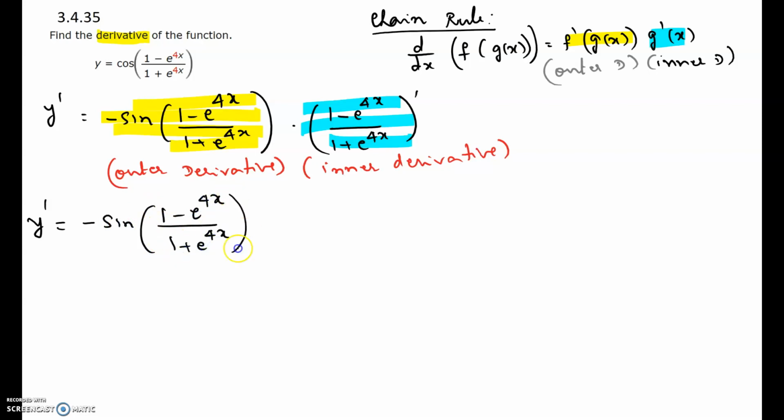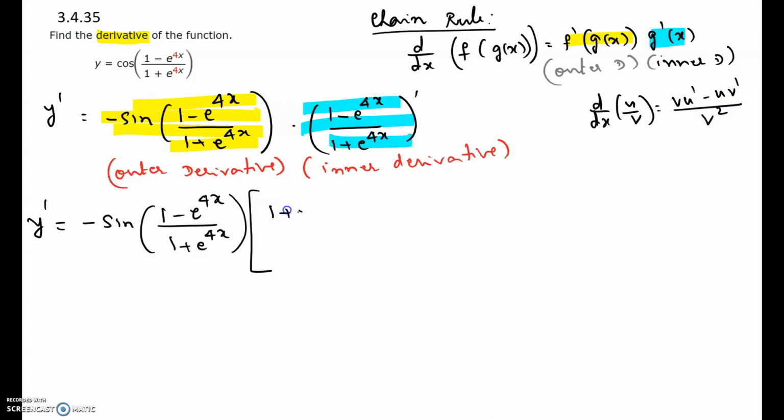We cannot simplify that any further. For this part, the derivative of (1 minus e to the 4x) over (1 plus e to the 4x), we can apply the quotient rule. The numerator is 1 minus e to the 4x, the denominator is 1 plus e to the 4x. The quotient rule is d by dx of u over v is (v u prime minus u v prime) divided by v squared.